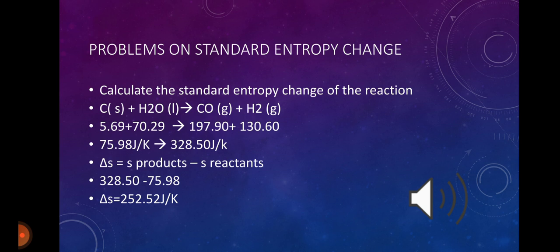So the product standard entropy is 328.50 minus the reactant standard entropy is 75.98. At the last, what we will get? The standard entropy change delta S is equal to 252.52 joule per Kelvin. This is the standard entropy change for the given reaction.